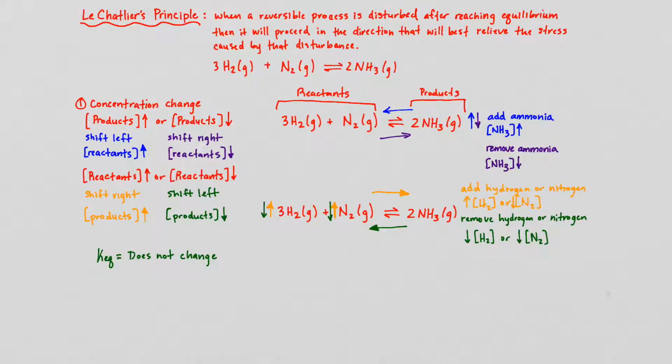I'm sorry, I'm going to restate what I said about KEQ. What I actually mean to say is that KEQ is not going to change because KEQ is the constant at equilibrium. Once equilibrium is again reached after you disturb it, the rate will actually change initially.